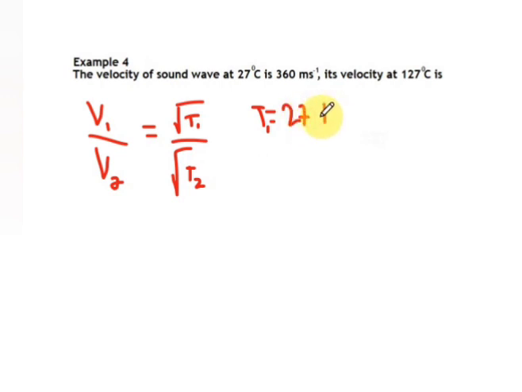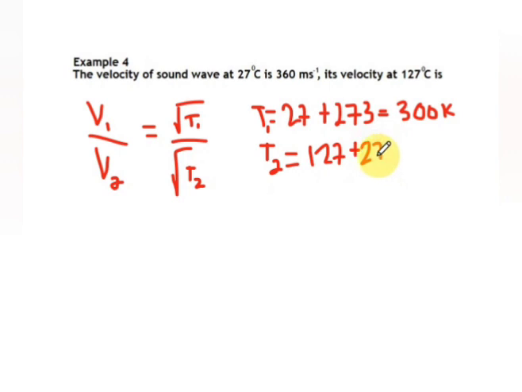So that gives us 273 plus 27, which is equal to 300 Kelvin. Then T2 is going to be equal to 127 plus 273. So that's going to give us 400 Kelvin.